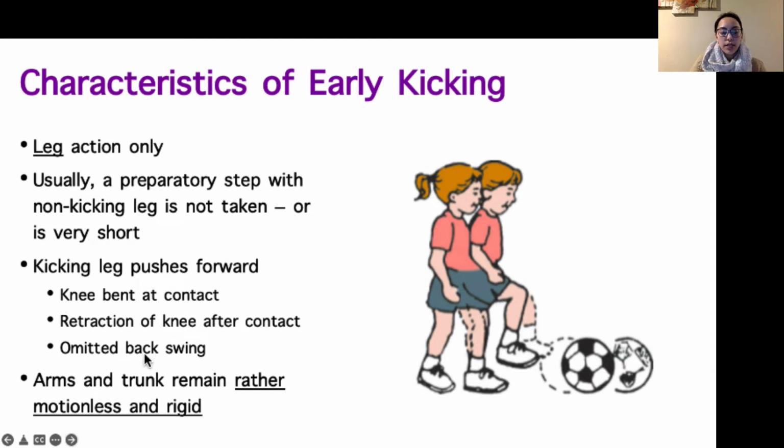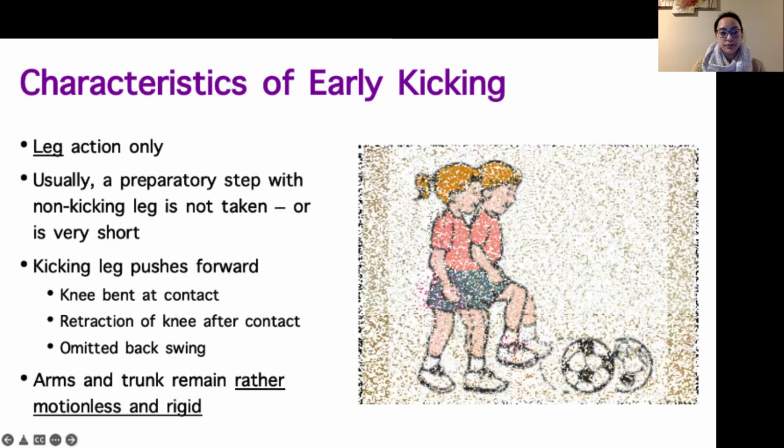Usually there's not a preparatory backswing to get greater velocity of the foot. Additionally, the arms and trunk remain rather motionless and rigid, again freezing degrees of freedom to increase stability.